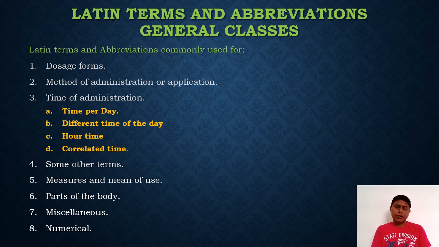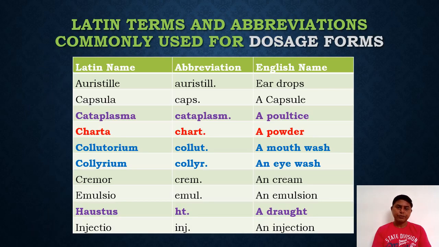Some other terms commonly used are also given. Commonly used measures and means of use are also given. Commonly used parts of the body in Latin are given. Some of the miscellaneous and some of the numerical commonly used Latin terms are also going to be discussed today.